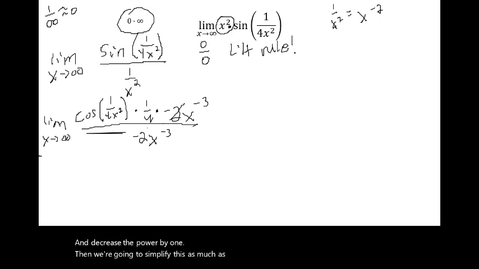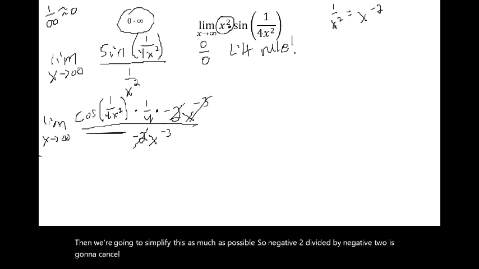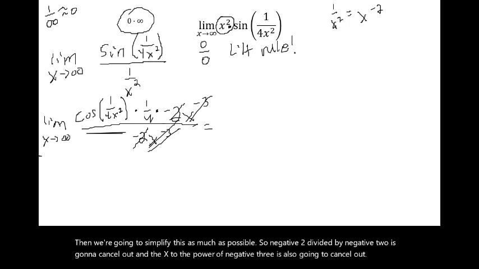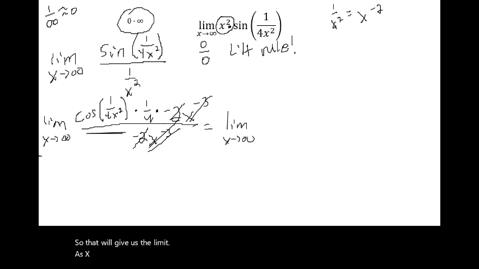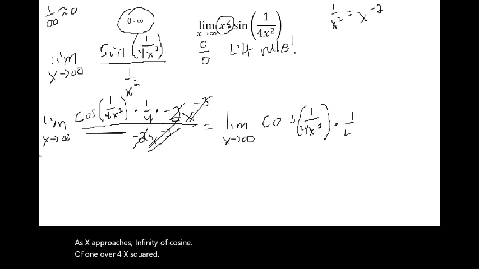So negative 2 divided by negative 2 is going to cancel out. And the x to the power of negative 3 is also going to cancel out. So that will give us the limit as x approaches infinity of cosine of 1 over 4x squared times 1/4.